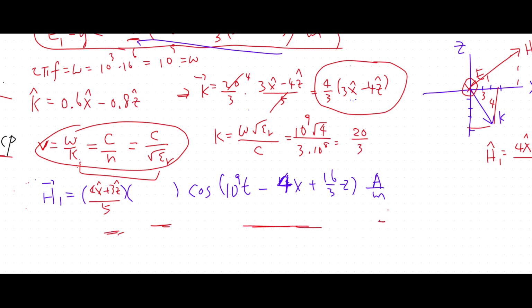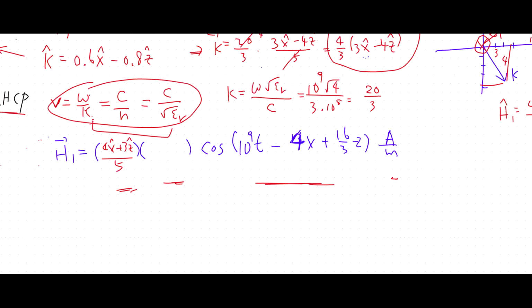What's left? The amplitude. How do I find the amplitude? Well, E naught over H naught is eta. Right? So let's do that. So I'm going to write E naught over H naught is eta. That means H naught is E naught over eta.